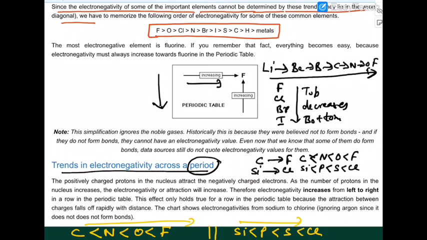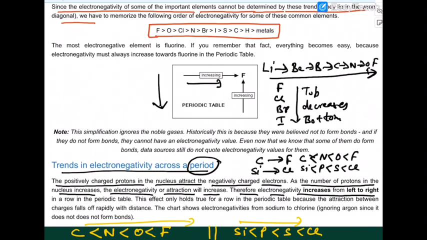So let's move on and learn that the positively charged protons in the nucleus attract the negatively charged electrons. As the number of protons in the nucleus increases, the attraction increases. Therefore, electronegativity increases from left to right in the period.